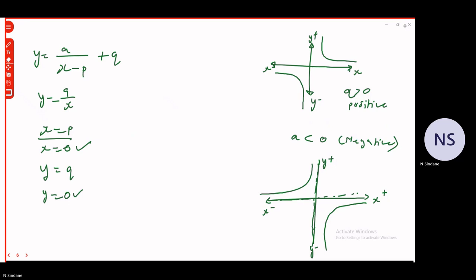So now you'll have an increasing function of a hyperbola. Now, with an increasing function of a hyperbola, you will have something like this.